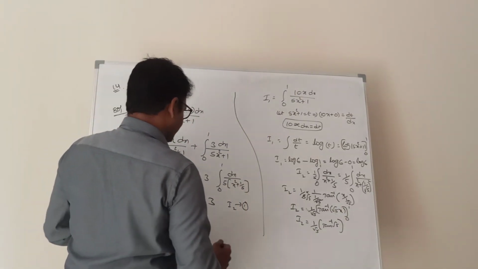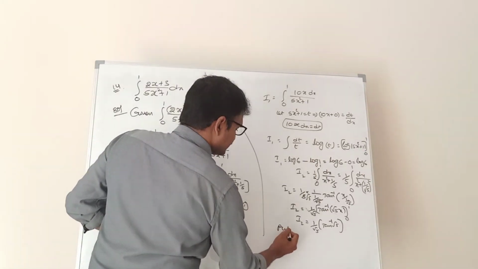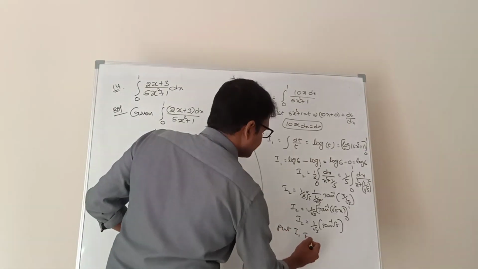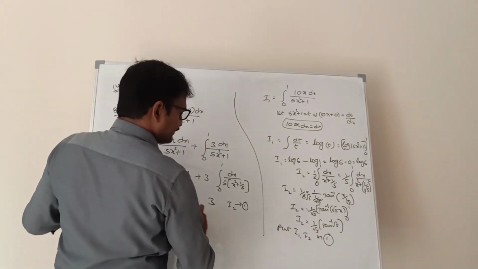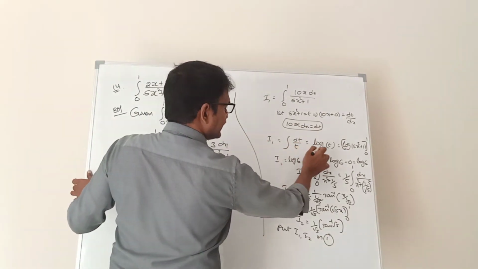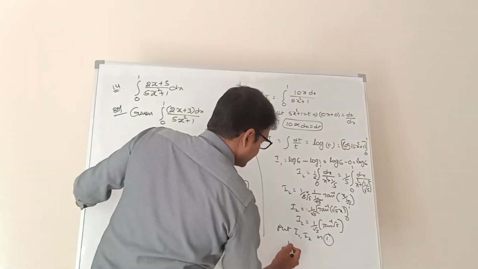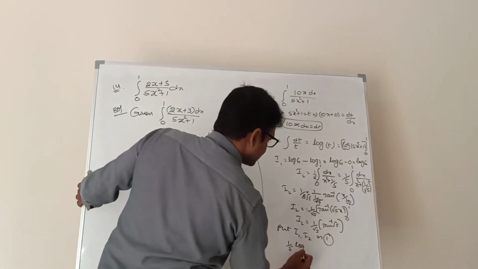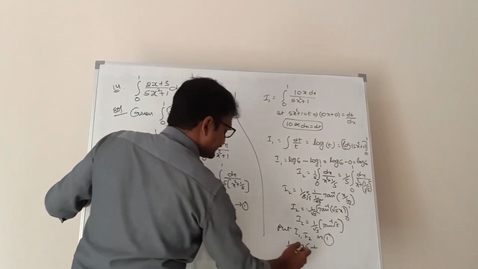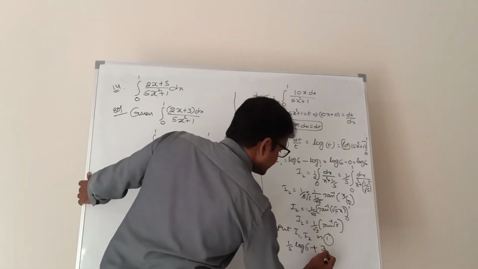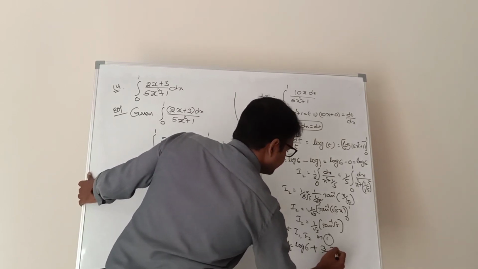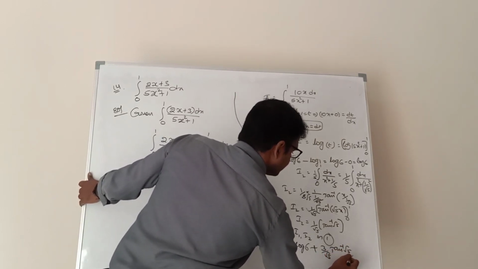So this is the value of I2. Put I1 and I2 in equation number 1. Then you will get 1 by 5 I1, which means 1 by 5 log 6, plus 3 into I2. 3 into 1 by root 5 is 3 by root 5 into tan inverse of root 5.